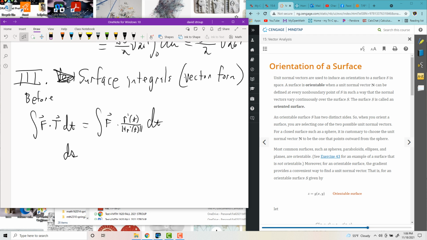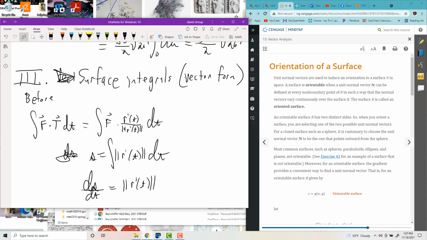Noting that ds, if you think about first the arc length, s equals the integral of the magnitude of r prime of t dt, then we could take the derivative of that with respect to t, and you just get the magnitude of r prime of t, right?